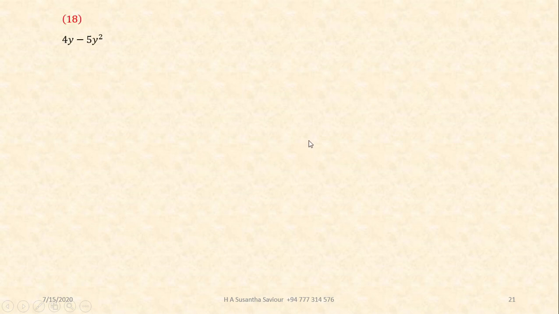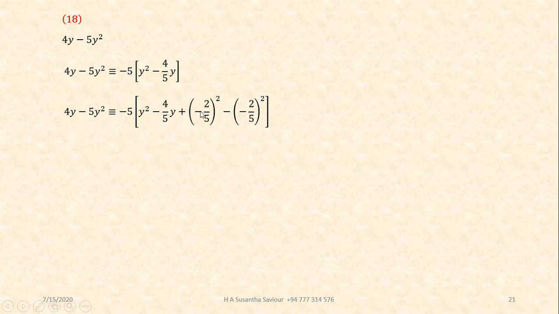Here also, what is common here? Minus 5 is common. Take this minus 5 out, then y squared plus 4 over 5 y, right? And then 2 over 5 is the half of this. You square it, add and subtract, and these 3 terms will be taken inside the complete square form. So this will be 4 over 25.